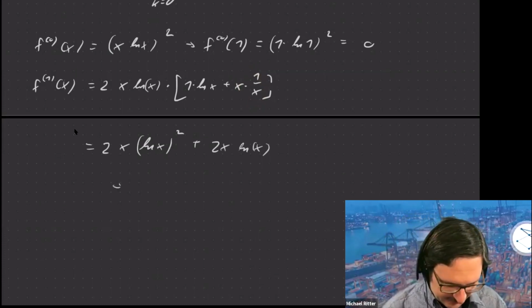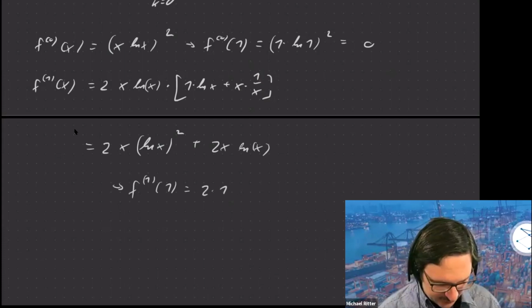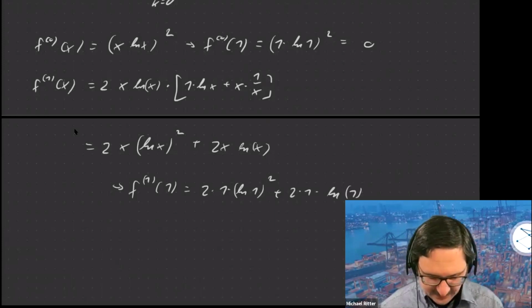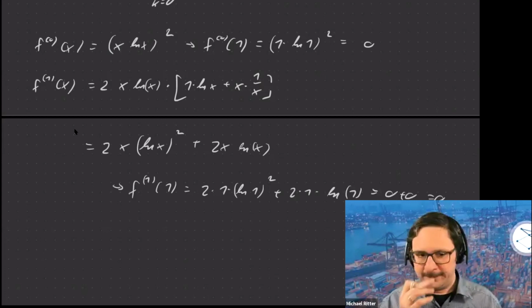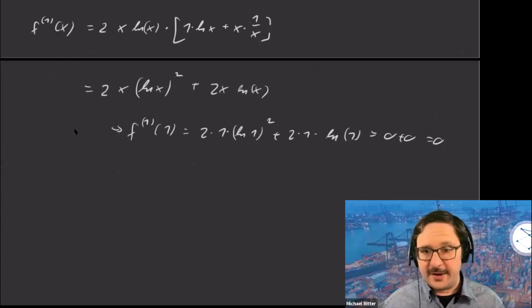And then we can compute f1 at the point 1. That would be 2 times 1 times ln 1 squared plus 2 times 1 times ln 1. ln 1 is 0, so what we get is 0 plus 0, which again is 0. So the first order derivative is also 0 at the point 1.